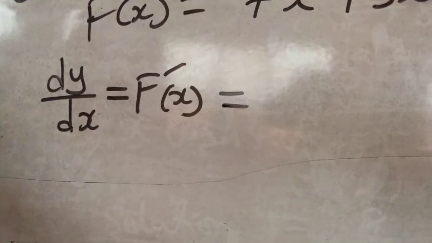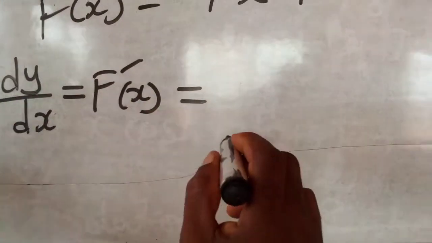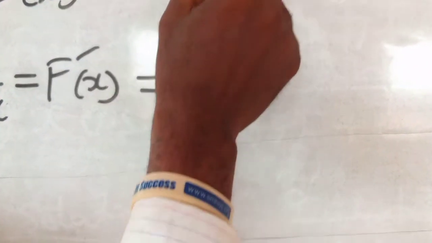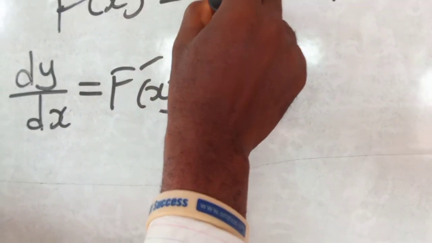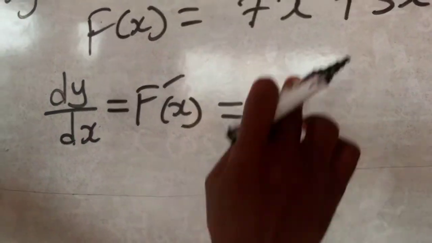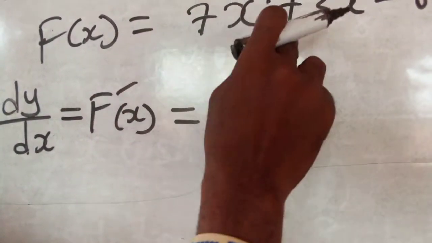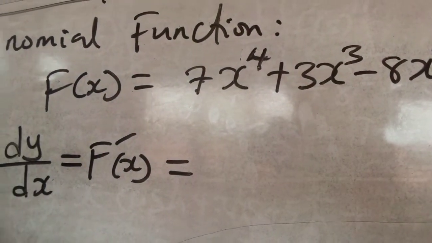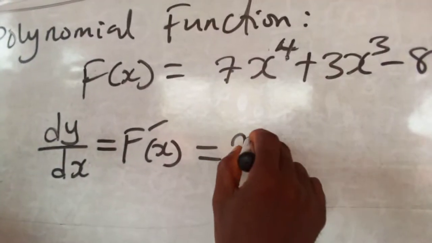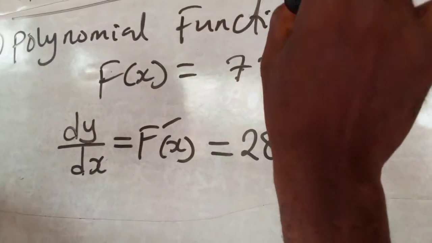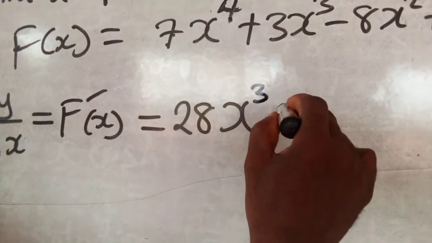The formula you are going to use is the power times the coefficient, then the power minus 1. Meaning 4 times 7 will give you 28, so 28s. Now 4 minus 1 will give you 3.